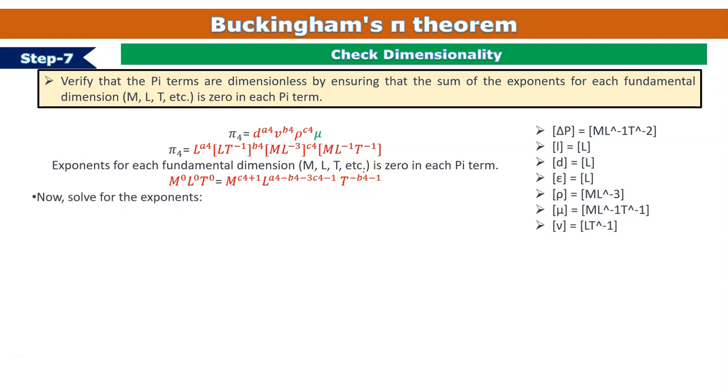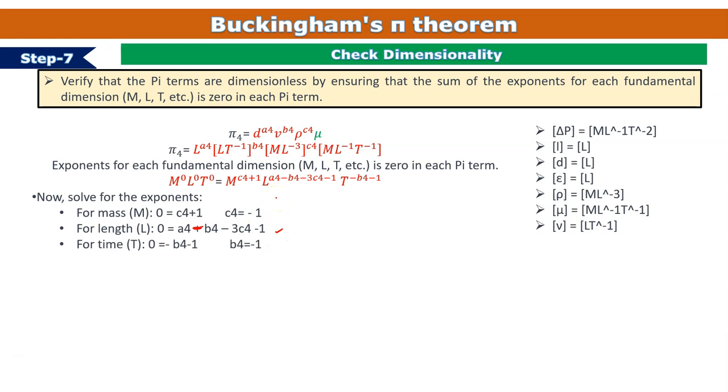If we solve for the exponents, for mass the left hand side is 0, and the right hand side is c4 plus 1, so c4 is equal to minus 1. For time, 0 is equal to minus b4 minus 1, so b4 is equal to minus 1.